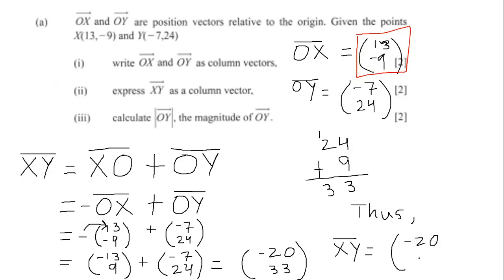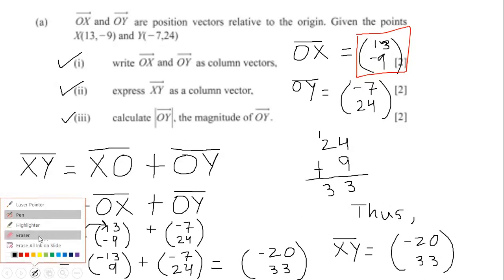Okay, and this is how you would find the vector xy. Okay, so we're almost done. We have considered AI, we have considered AII. Let's consider finally AIII.